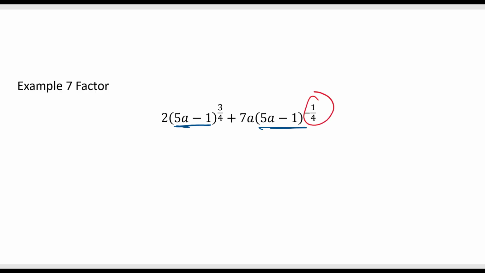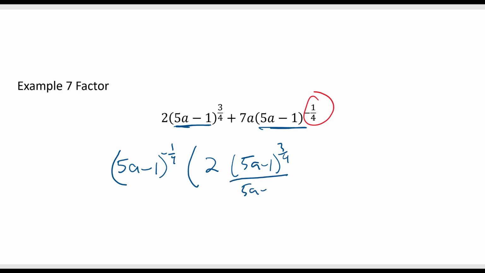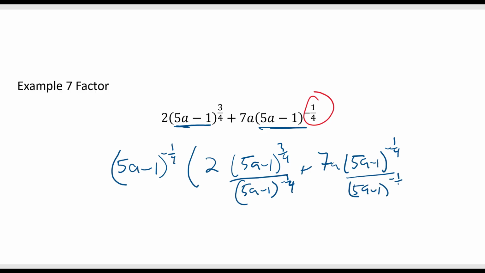So we're going to have this (5a minus 1) to the negative 1/4 times, so we have 2 times (5a minus 1) to the 3/4, and we're dividing by (5a minus 1) to the negative 1/4, plus 7a times (5a minus 1) to the negative 1/4 divided by (5a minus 1) to the negative 1/4.